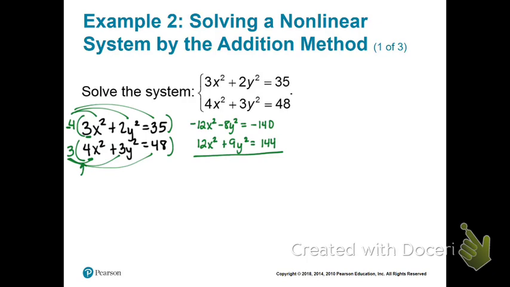All right, so now let's combine the two equations. What's -12x squared plus 12x squared? Cancels. That's what you said you wanted to happen. What's -8y squared plus 9y squared? 1y squared equals what's -140 plus 144?